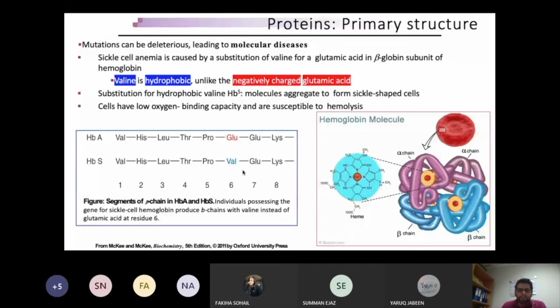So what is the difference between them? Such diseases, which happen just because of one amino acid change or two amino acid changes, are called molecular diseases. These mutations are not because of the absence or presence of one thing; rather, they have arisen just because there is a slightly different form of that molecule. That is why these are called molecular diseases.